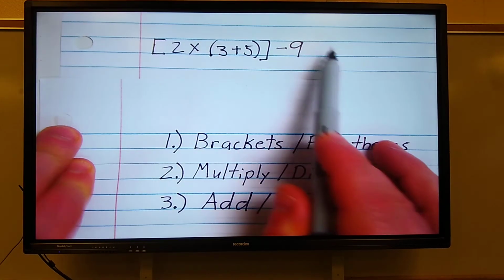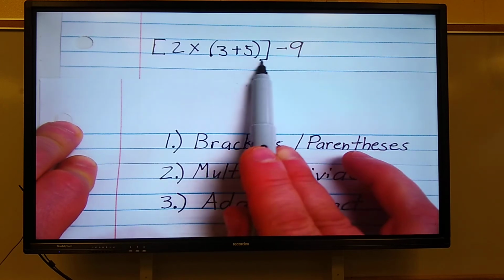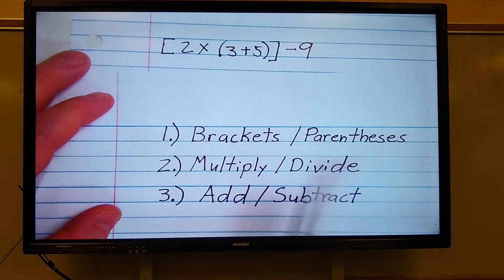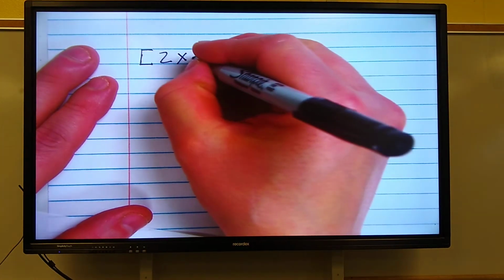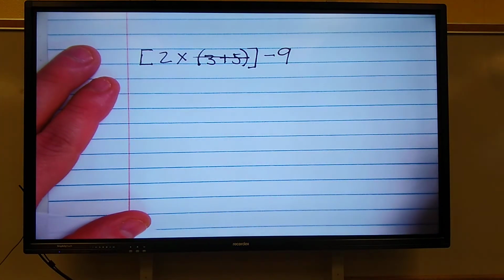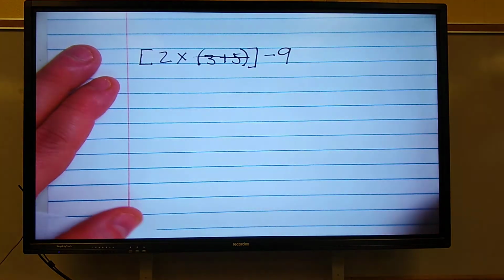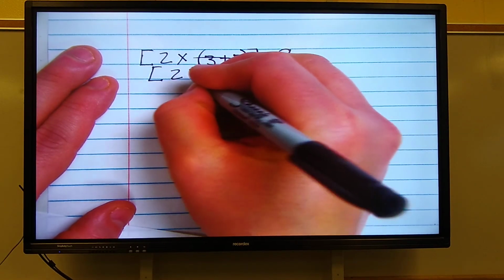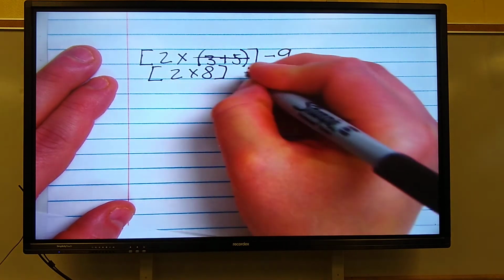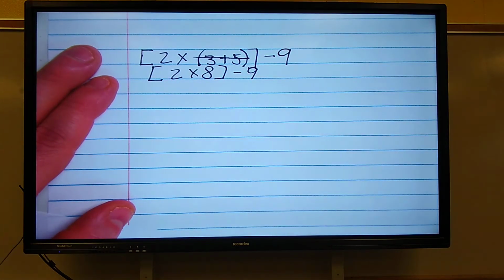That means this part right here will be the last thing I do because I got to do everything inside. I have parentheses inside, so I got to do that first. So 3 plus 5 goes first because it's inside the parentheses. That is 8. So bracket 2 times 8 bracket minus 9 is my new problem.